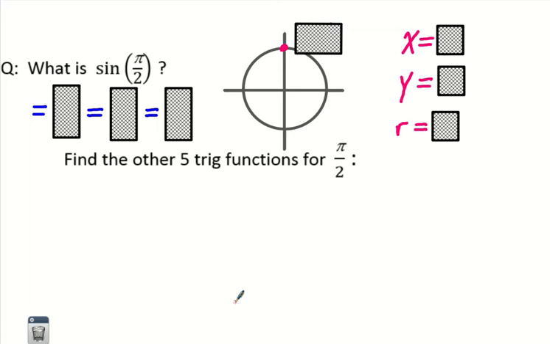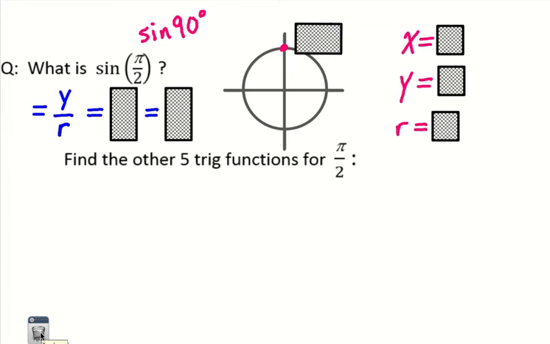Next example, next question here is, what is the sine of pi over 2? If you remember that pi is 180 in degrees, that would make the sine of pi over 2 equivalent to the sine of 90 degrees. So what is the sine of 90 degrees? We know the sine is defined as a y-coordinate divided by the radius.